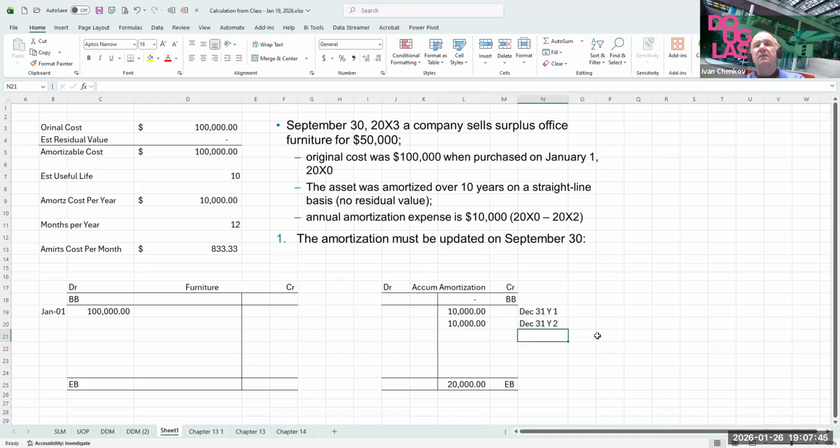But in year three, I decide to sell the asset, on September 30th in year three. So what do I have to do first?